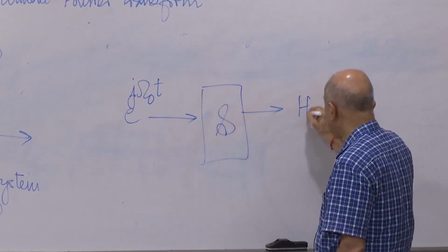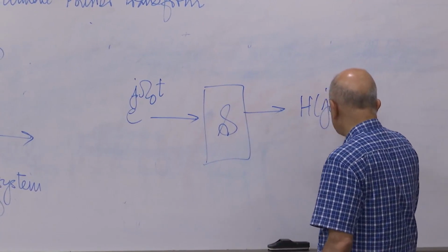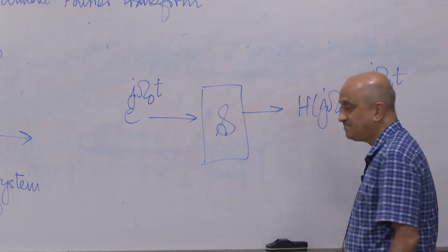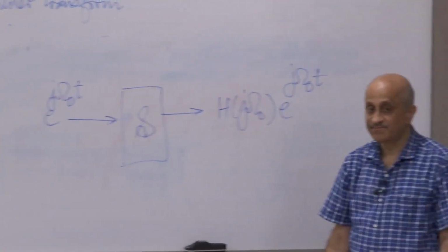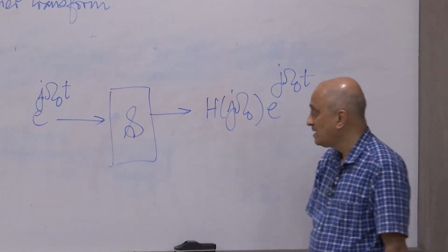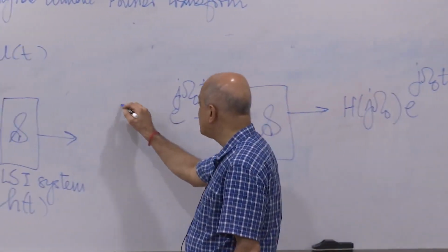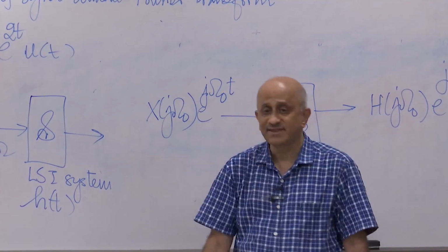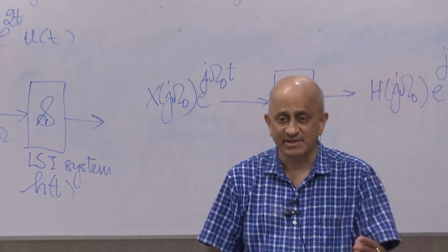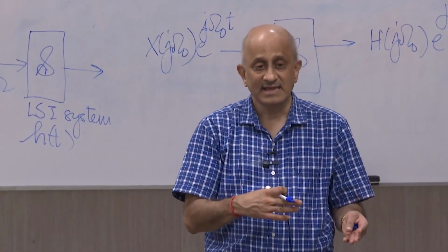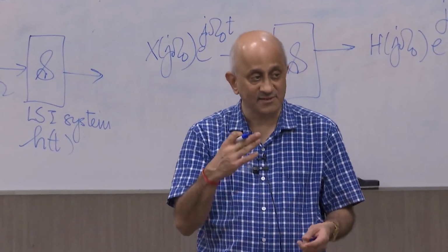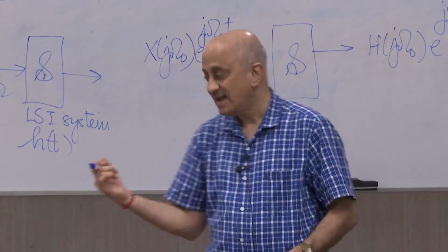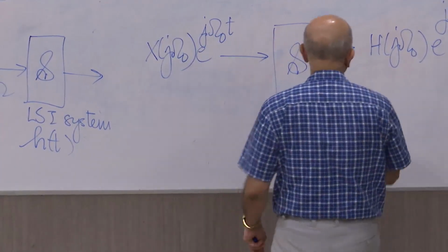H of j omega naught times e raised to the power j omega naught t, right? We saw this. X of j omega naught is a constant. It's a complex constant. So you're multiplying e raised to the power j omega naught t by X of j omega naught. What would emerge now because of linearity? X of j omega naught times this.